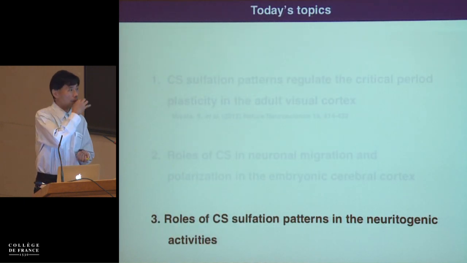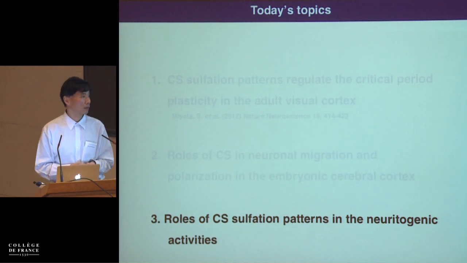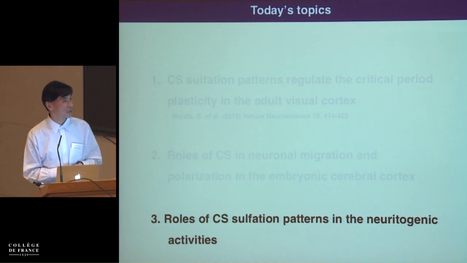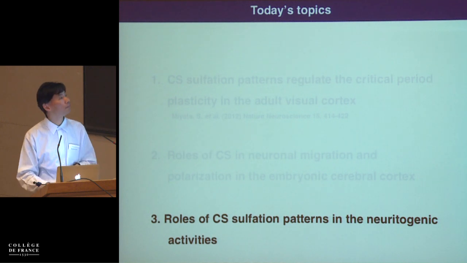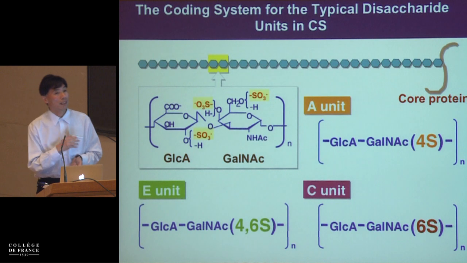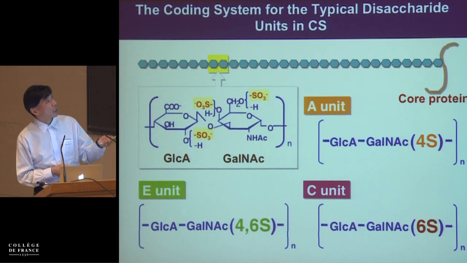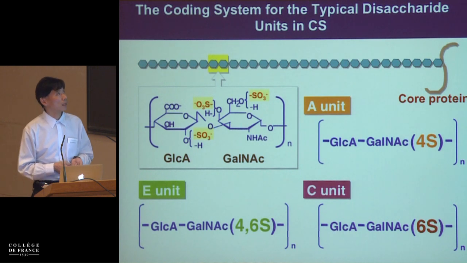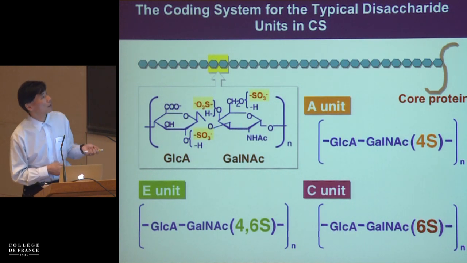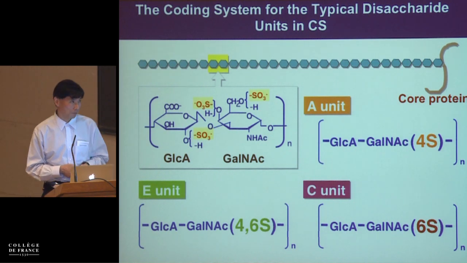So let's move to the final topic regarding the role of chondroitin sulfation patterns in the neurogenic activities. As already mentioned in the beginning of my talk, chondroitin sulfate is a linear polysaccharide that is composed of a disaccharide unit of glucuronic acid and N-acetylgalactosamine.